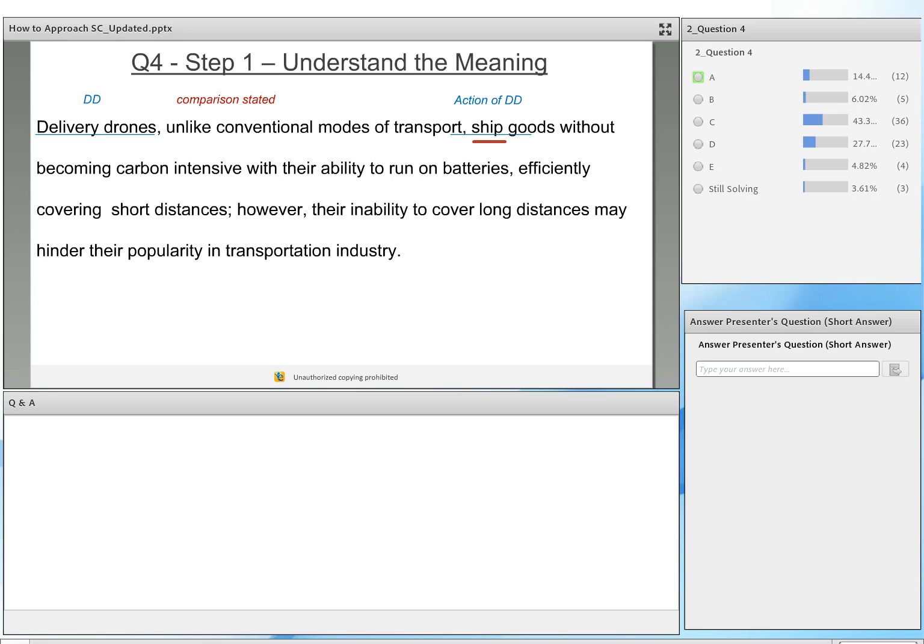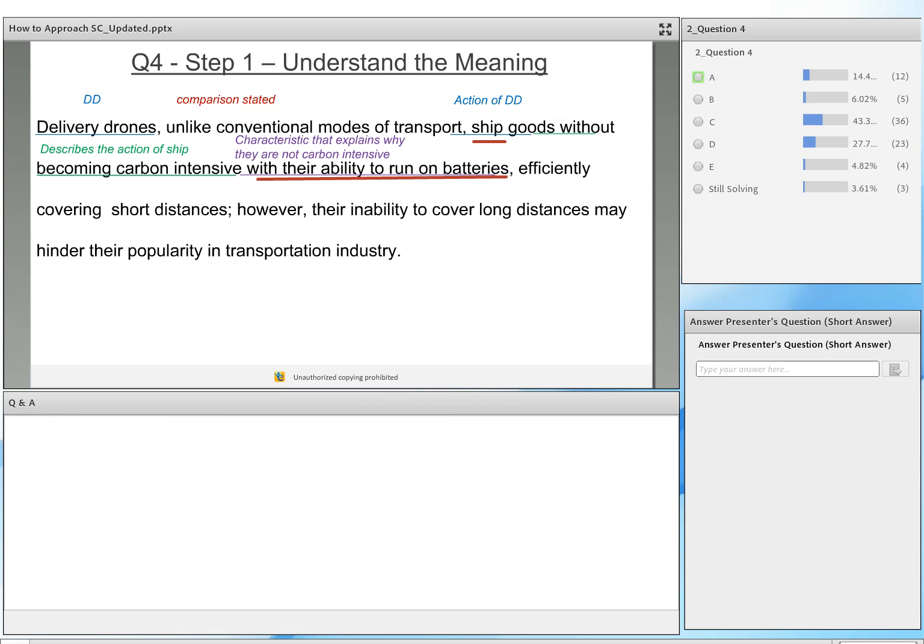Now, what is the role of "with their ability to run on batteries"? Tell me. It's a modifier. What else? What is it doing? It's basically explaining how DD ship goods without becoming carbon intensive, because they are able to run on batteries.